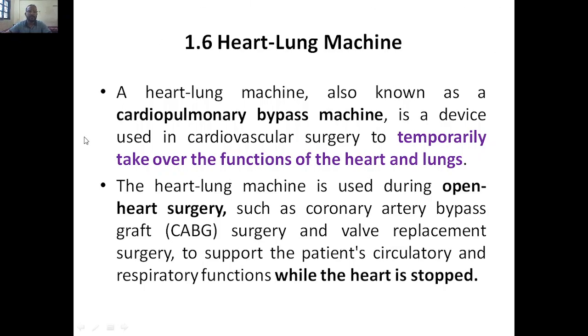Why is it a cardiopulmonary bypass machine? Because cardio in the sense heart, pulmonary in the sense lung, bypass machine. Bypass in the sense that it is only for a short period of time, whenever a surgery is going on. The machine functions as heart and lung because the surgery might be on the heart.